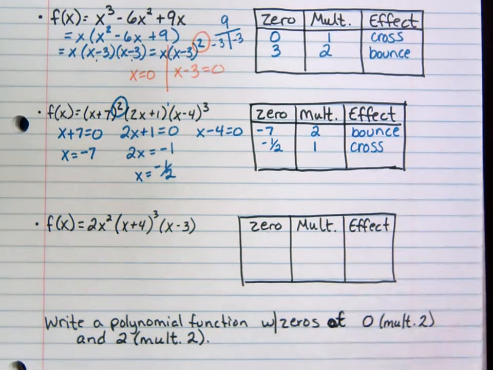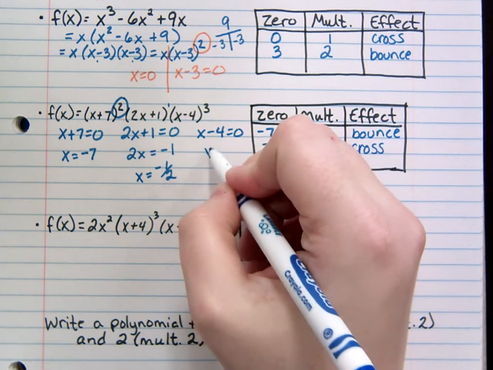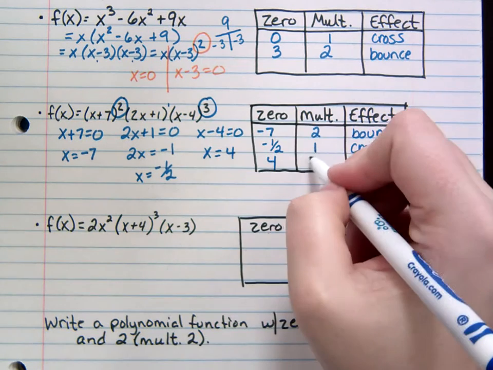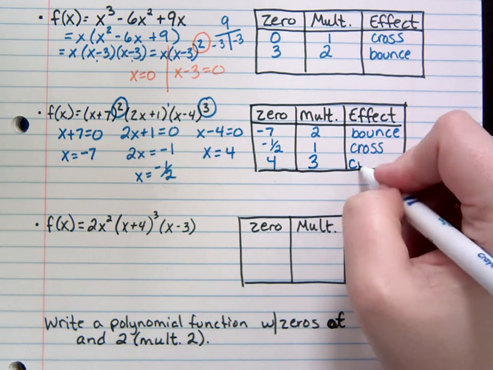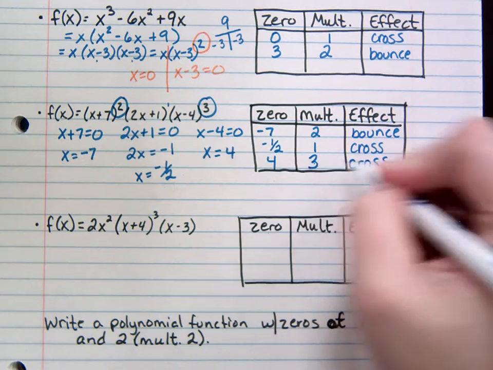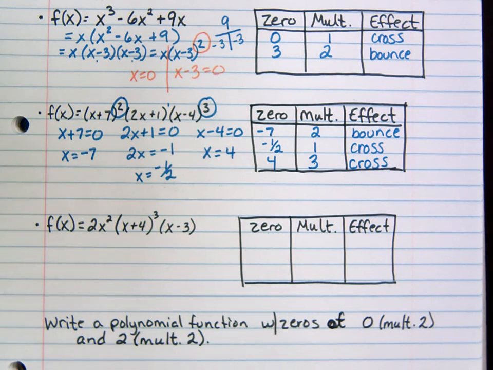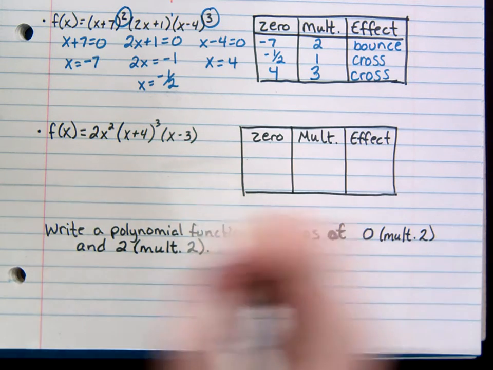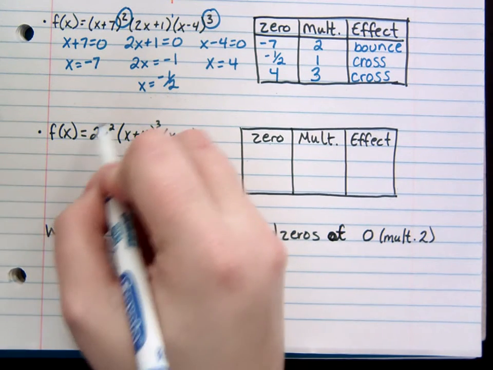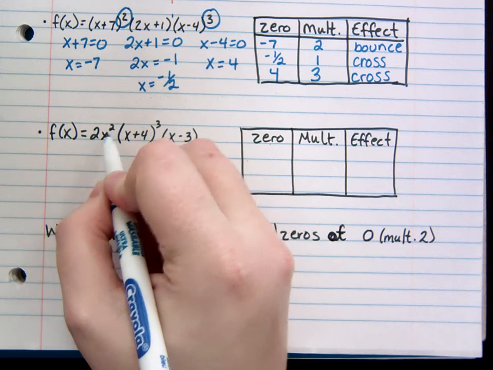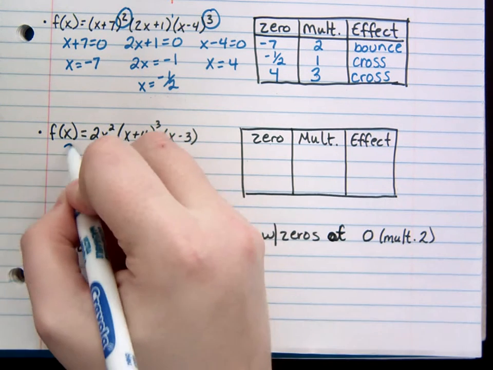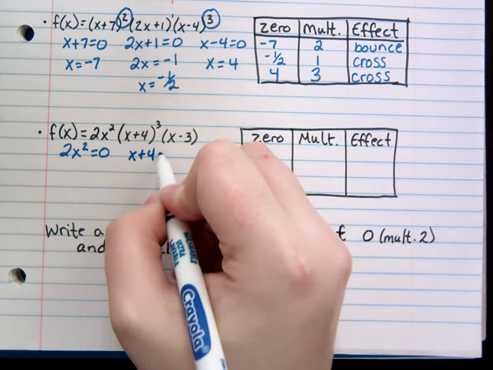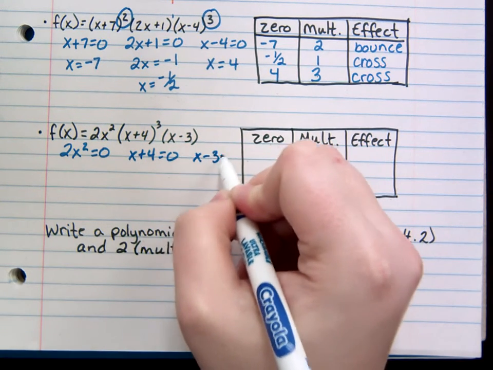Now the last one, x minus 4, set that equal to 0 and solve, you get positive 4 with a multiplicity of 3. So the graph crosses at this location as well, because an odd multiplicity means it crosses. Same thing here. If you have the number out front, it still kind of counts, so we're going to take that equal to 0, that equals 0, and that equal to 0.